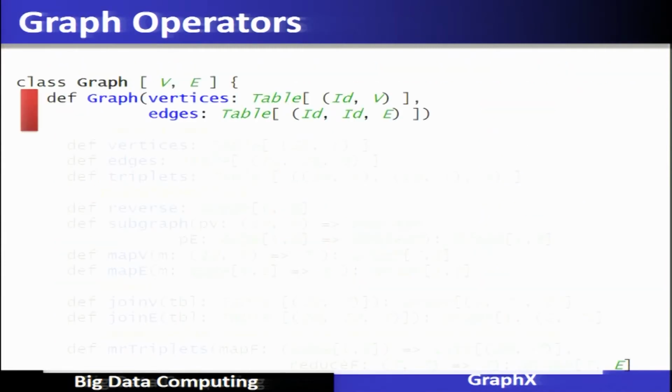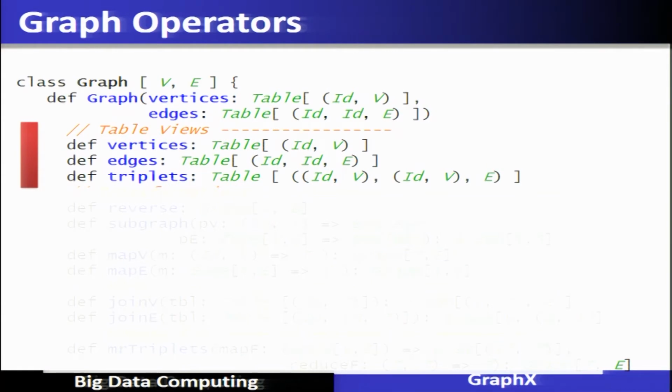Let us see the graph operators which are supported in GraphX. So, a graph is represented as a class Graph, with vertices and edges, where the vertices have a table of IDs and vertices, and the edges also have a table of source vertices, destination vertices and the edge properties.